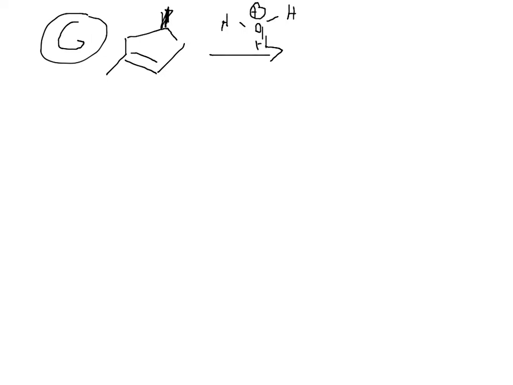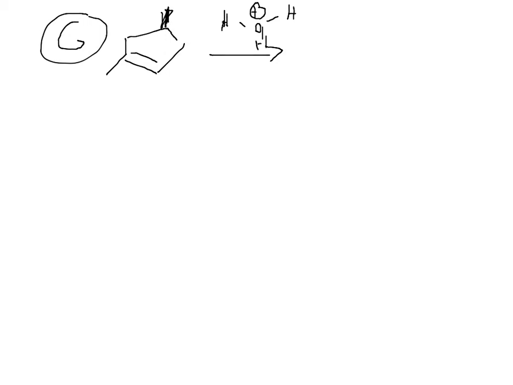Problem G, we got an added little wrinkle here. We have a molecule that already has a stereocenter in it. H plus. That's an H. So in this case, everything's the same.